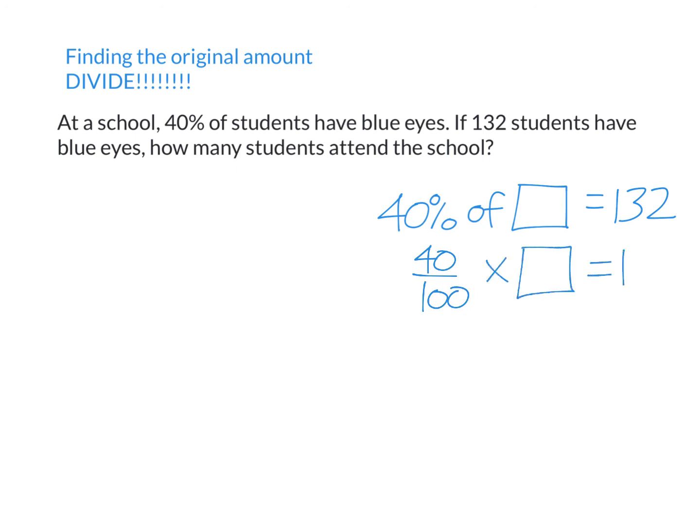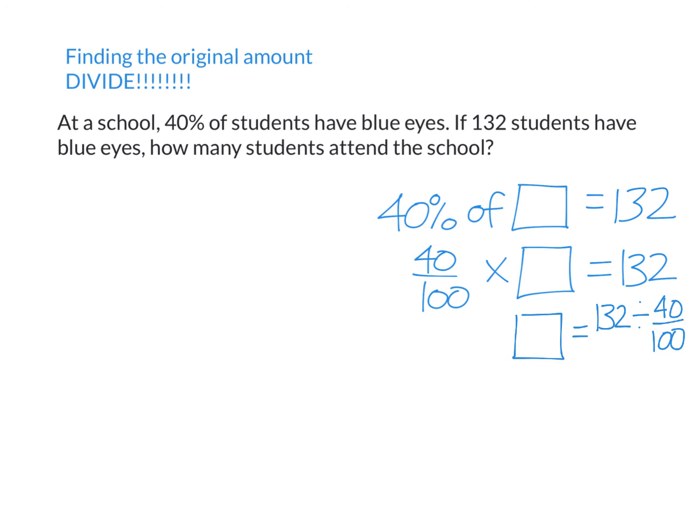If we want to find what number goes in this box, we need to undo timesing by 40 over 100 by dividing by 40 over 100. So the number that goes in the box will be 132 divided by 40 over 100. So when we're finding the original amount, rather than multiplying, we divide.